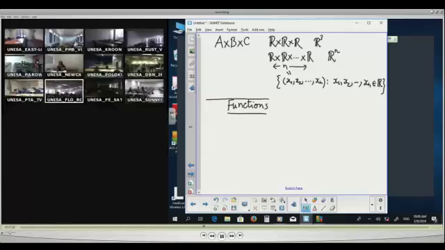So, functions. The whole idea is to come in with a formalism, which is the same as this black box picture.